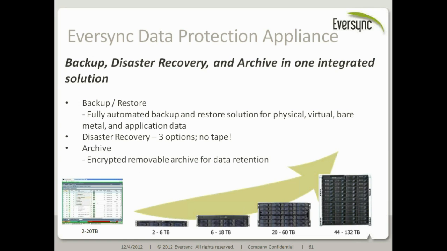The Eversync data protection appliance comes in a variety of sizes and capacities to fit your needs. You can automate it, schedule it, and have it email you if there are failures to back up. You have no tape, so all of the hassles that come with backing up to tape are taken care of by using disk instead.